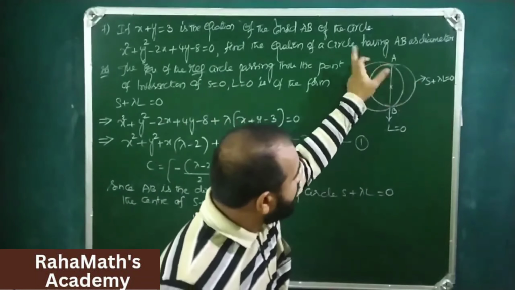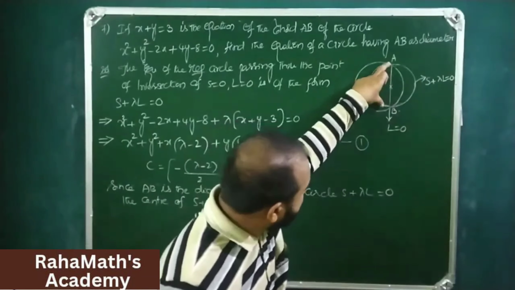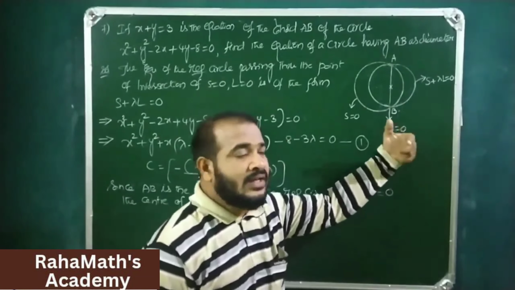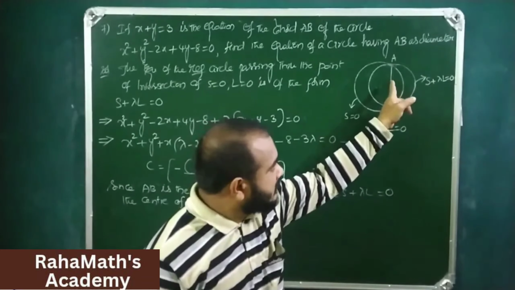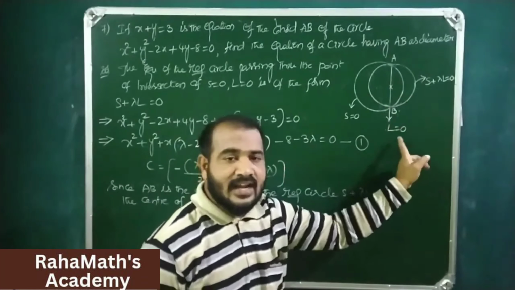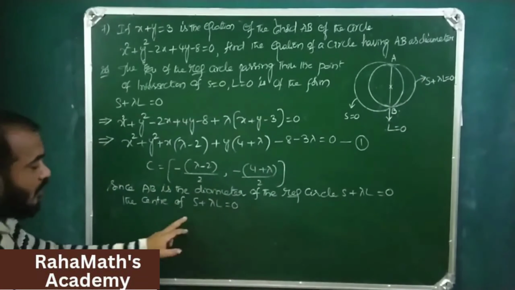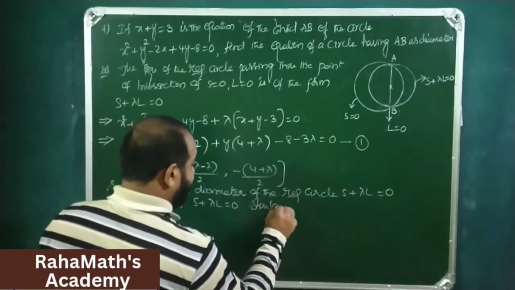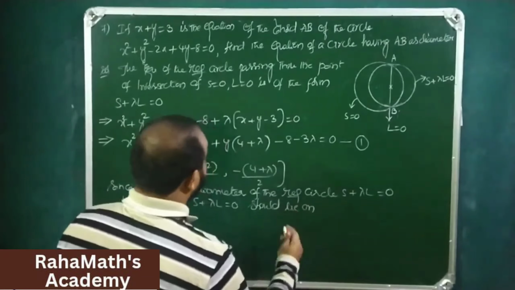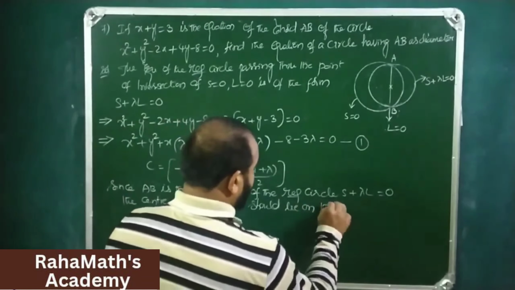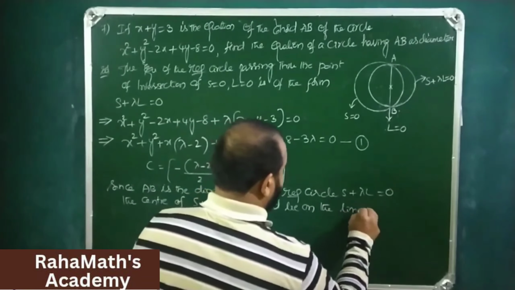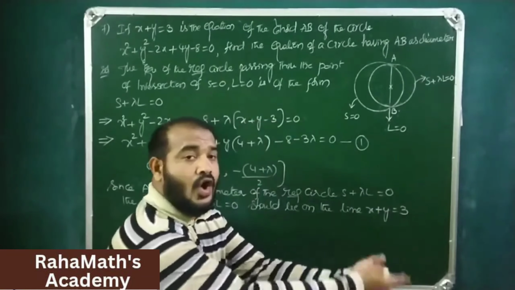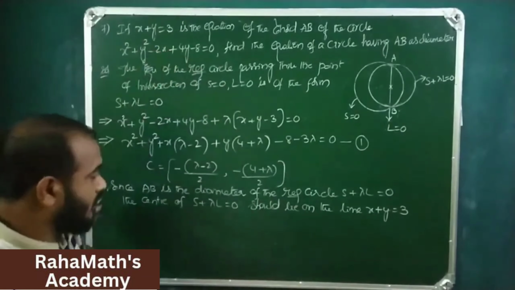So AB is the chord of the first circle, but now the same AB is the diameter of the second circle. Diameter means the center must lie on this line L equals to 0. So the center of S plus lambda L equals to 0 should lie on the line x plus y equals to 3, which is the chord of the first circle.